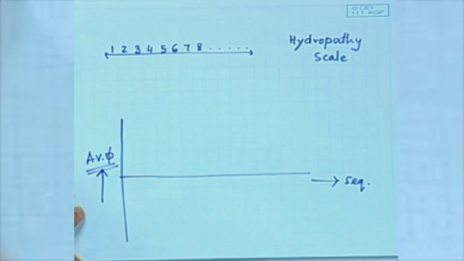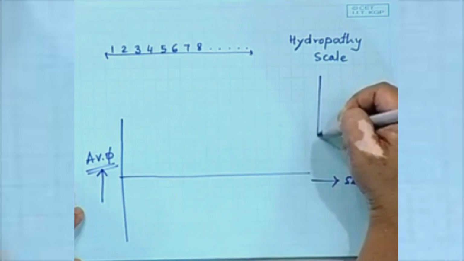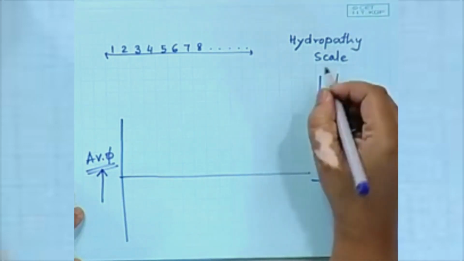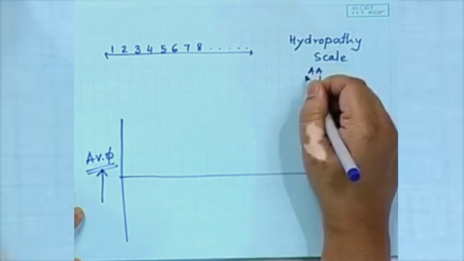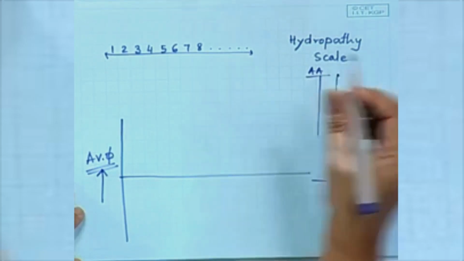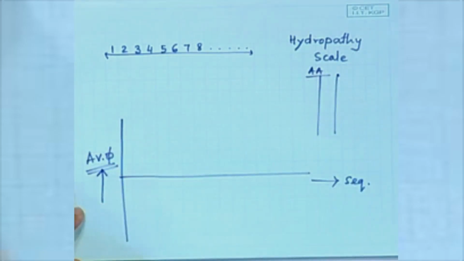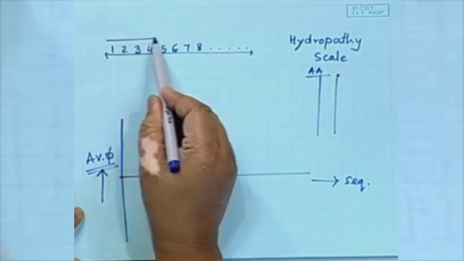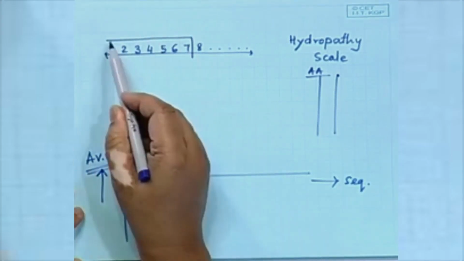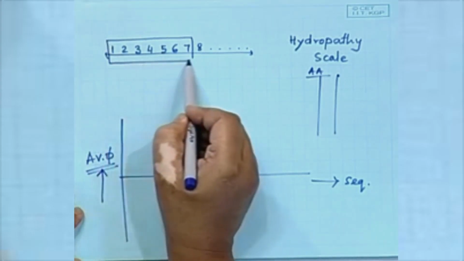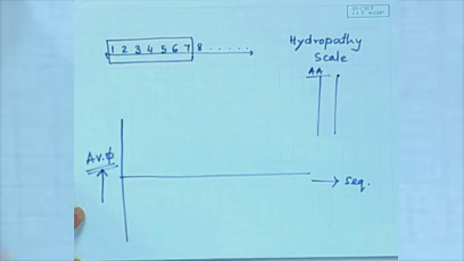How do we calculate it? We have a series of numbers for the amino acids. Each of them has a specific scale. We use what is called a sliding window approach, and we find the average of, say, the first 7 or first 9. We usually use an odd number so that we can assign the average value to the middle residue.